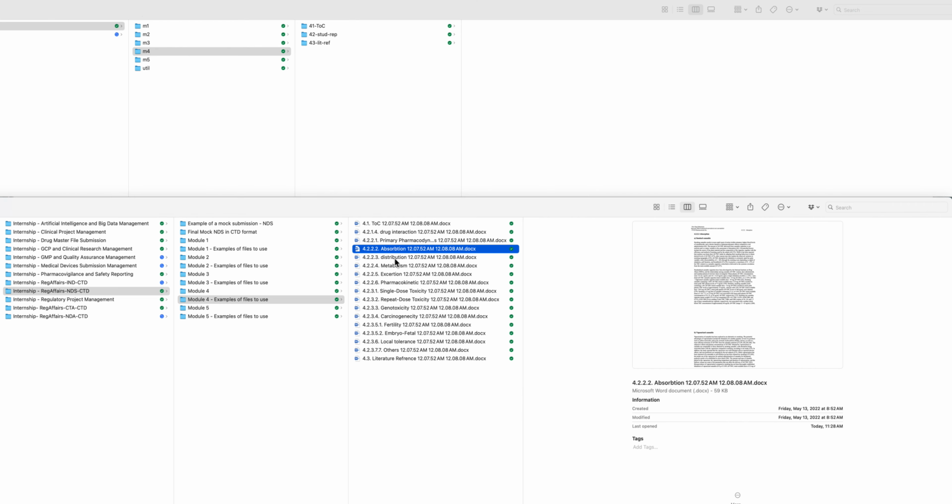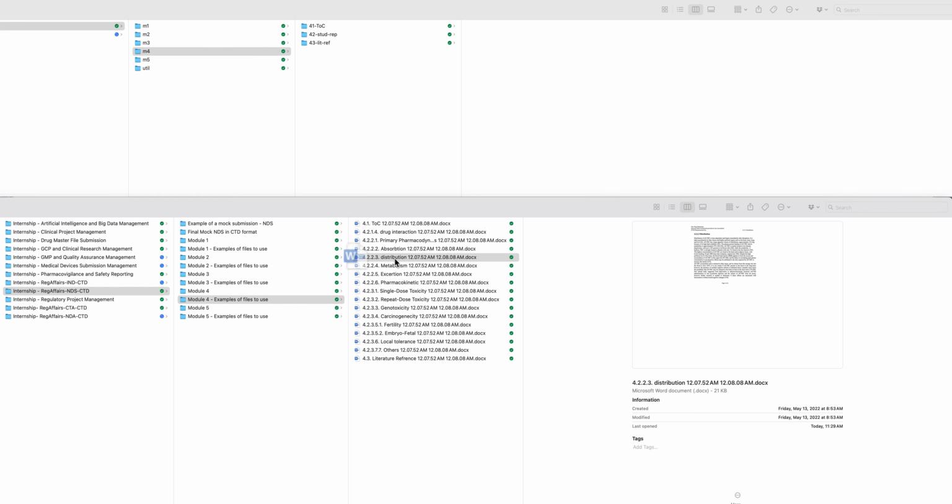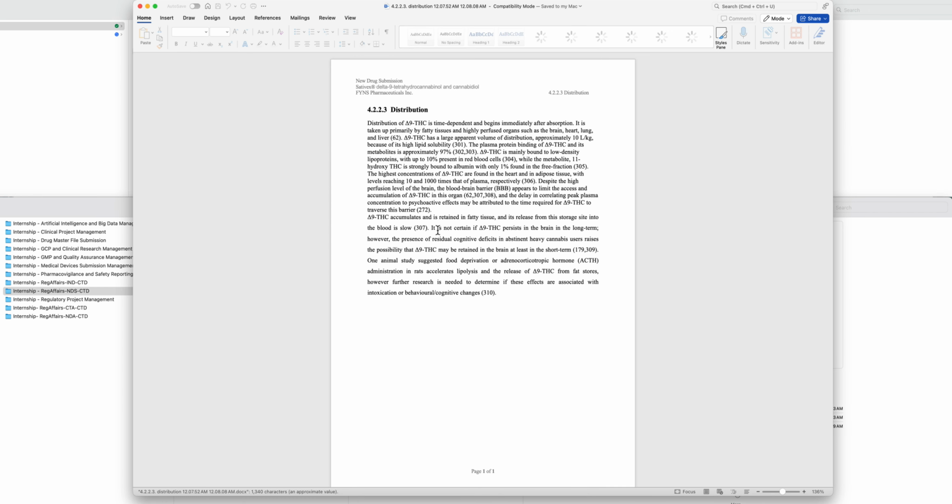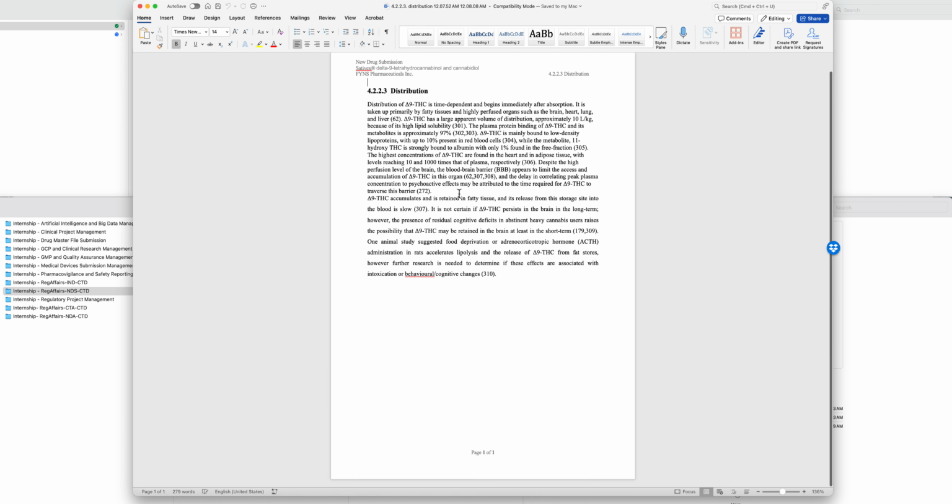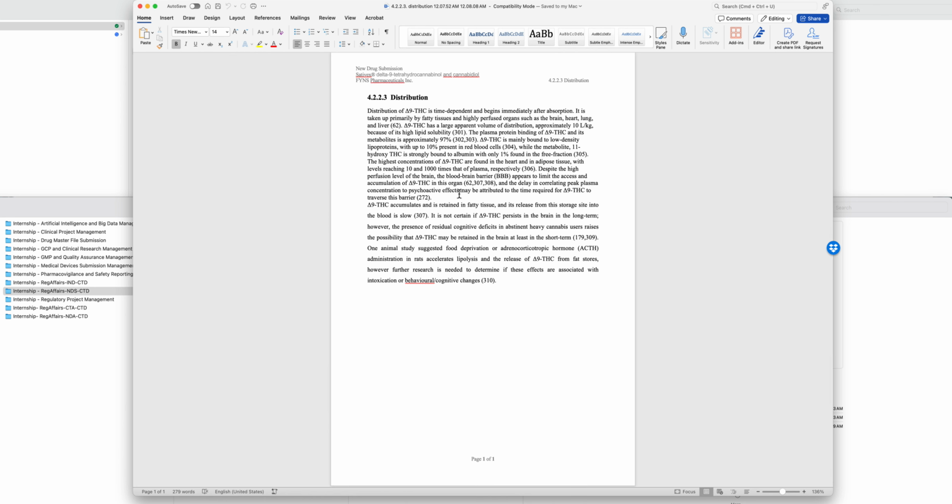Then we can also talk about the distribution of the drug. This is again another piece of information about Sativex, which is a cannabinoid. The distribution is very interesting because we have different compartment models, and a drug can be distributed in different organs.